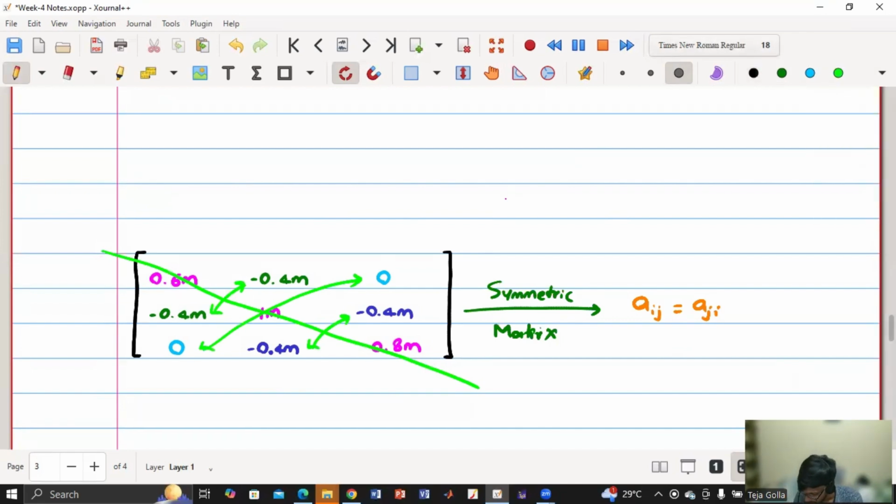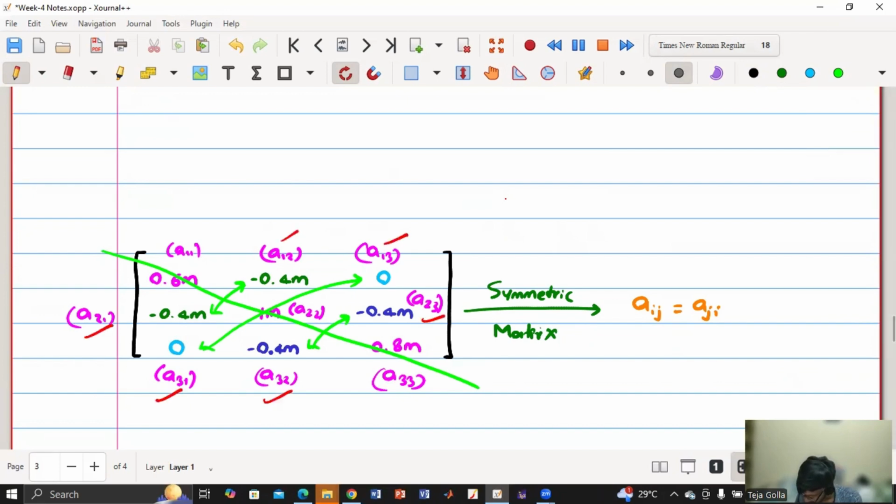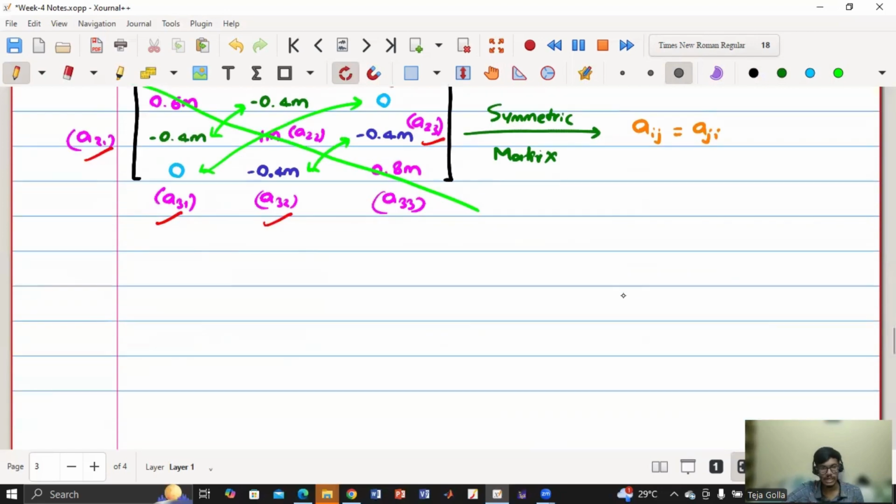If I write this as A11, A12, A13, A21, A22, A23, A31, A32, A33, then A12 should match with A21, A13 with A31, A23 with A32, and A11 is just A11, so there is no other element. These are the characteristics of a symmetric matrix. If a matrix follows Aij equal to Aji, then it is called a symmetric matrix. Is that clear?